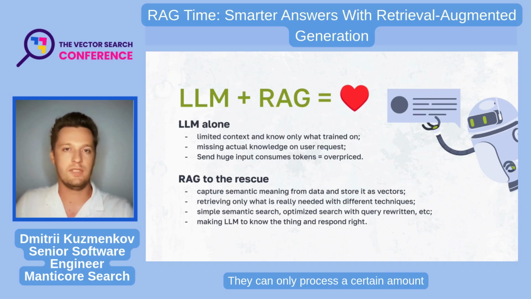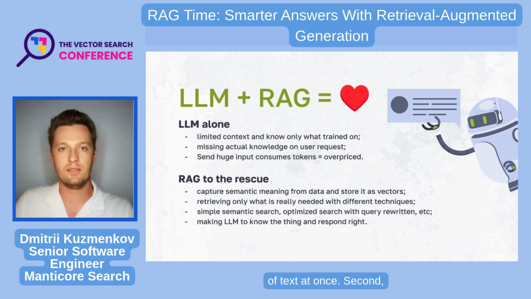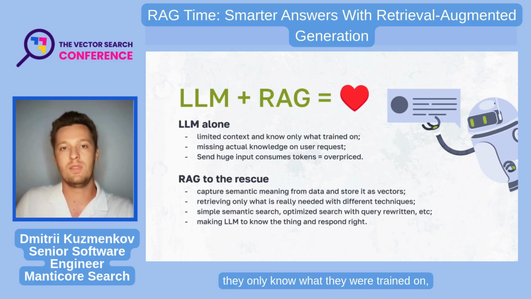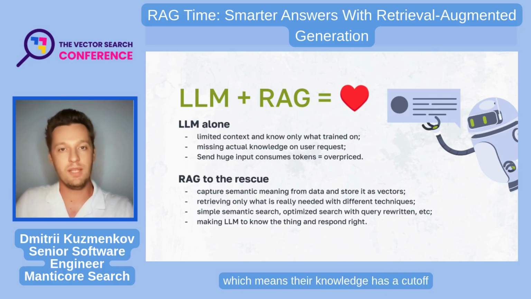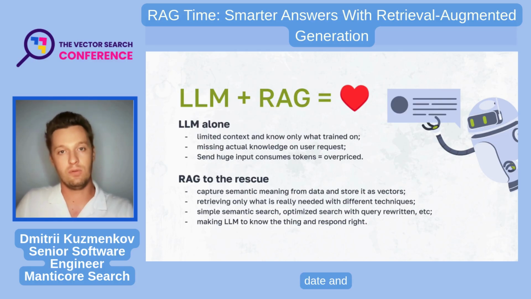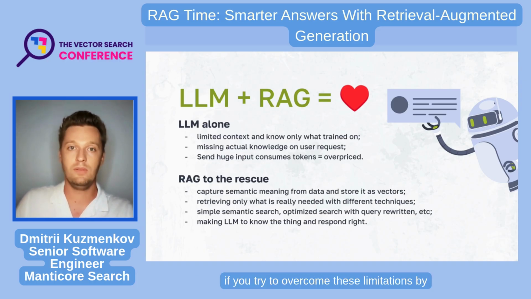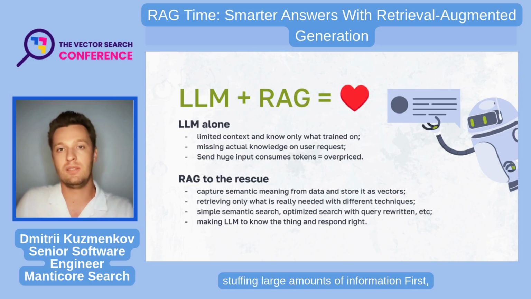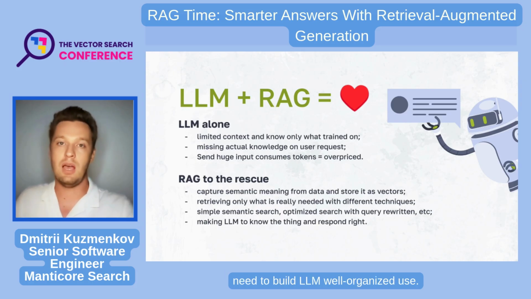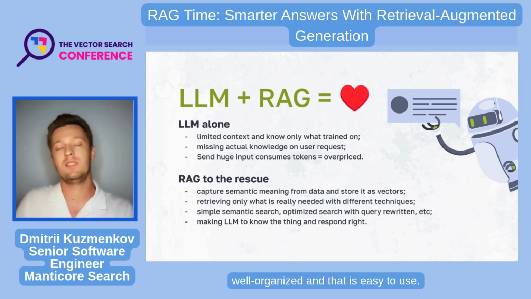They can only process a certain amount of text at once. Second, they only know what they were trained on, which means their knowledge has a cutoff date and they don't have access to your specific information. And third, if you try to overcome these limitations by stuffing large amounts of information into the prompt, you'll quickly rack up token costs and face performance issues.